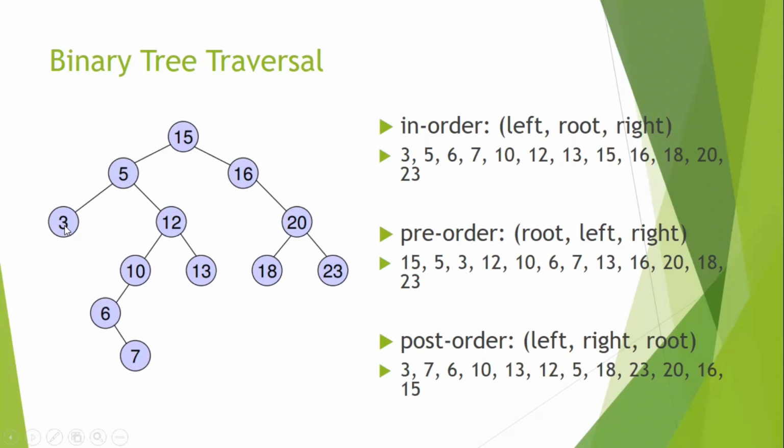Then 12, 10, 6, 7, then 13. Then going to the right, which is 16, 20, 18, and 23. They are printed in pre-order binary tree traversal.